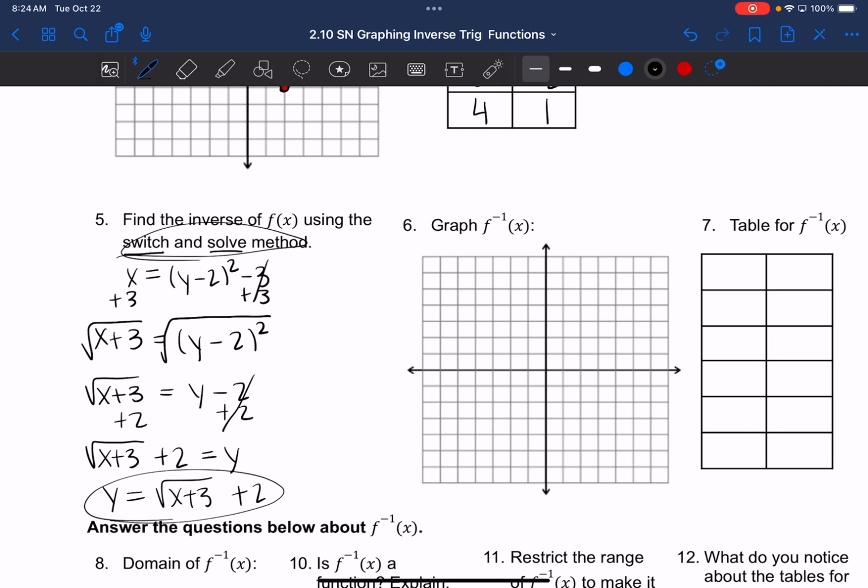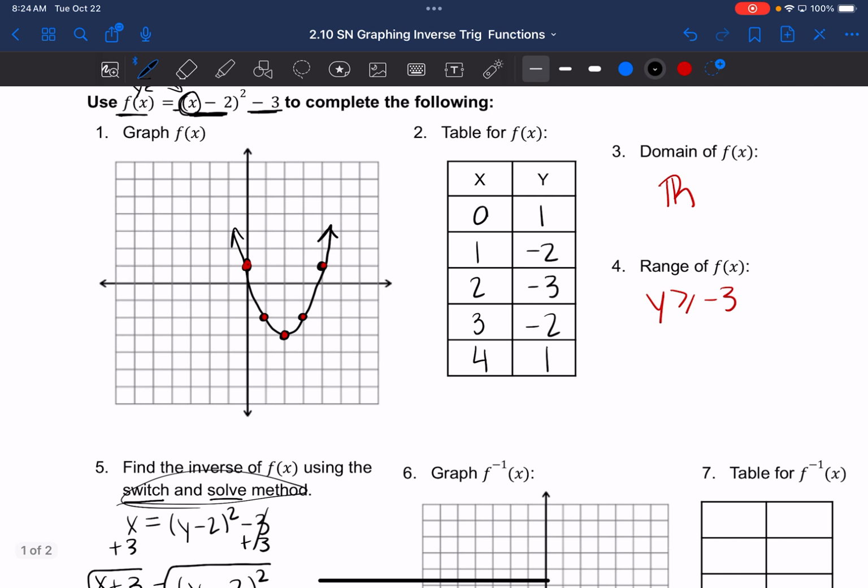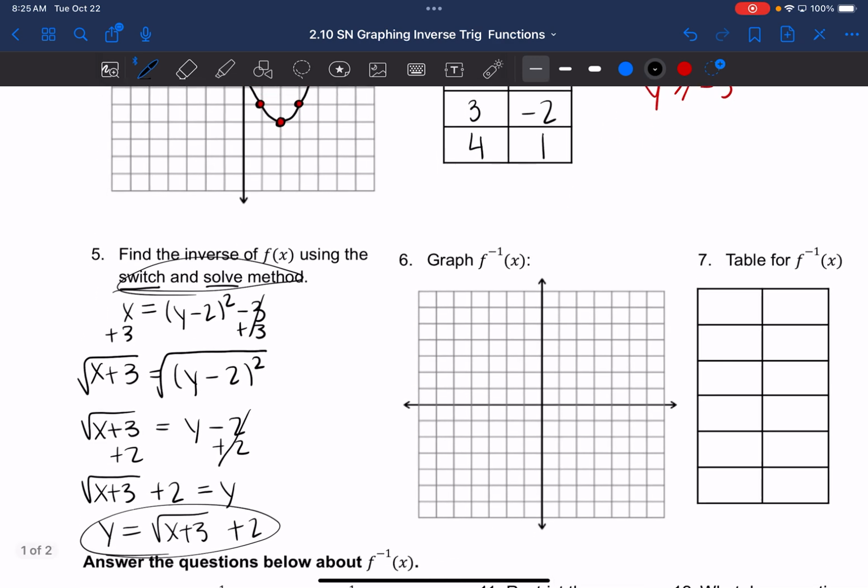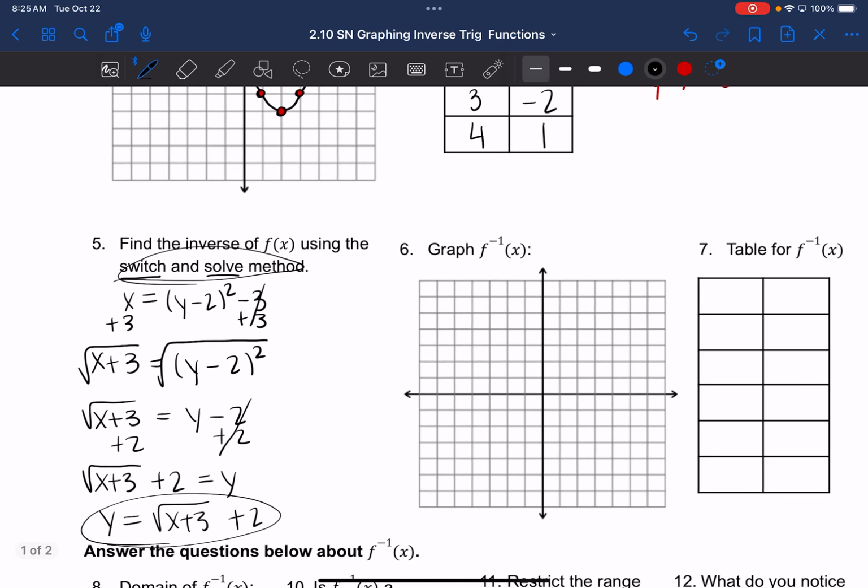So if I look back up here, all my original y values, which whenever I switched x and y would technically be my x values, were only between 1 and negative 3, right? Well, let's say that we were to plug in negative 3 for x in our new equation. Let's use that as our first point.